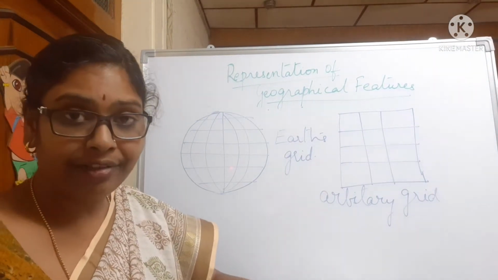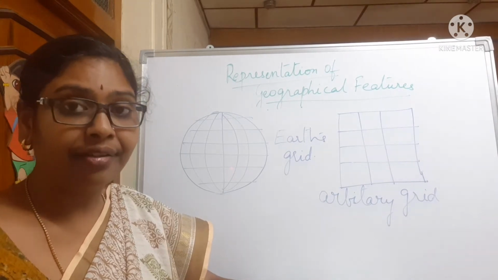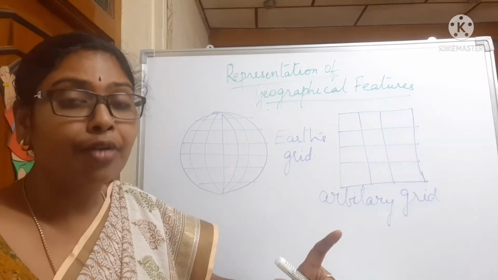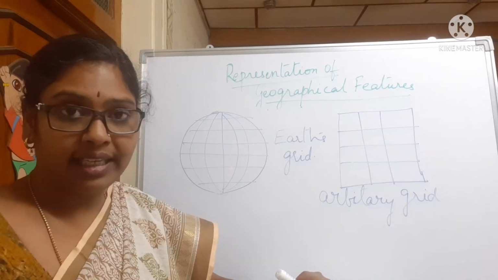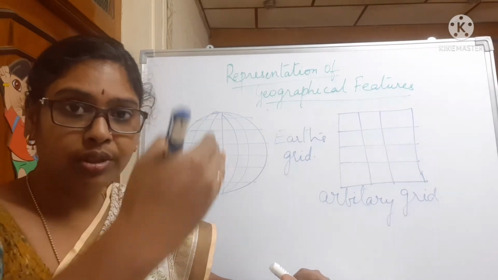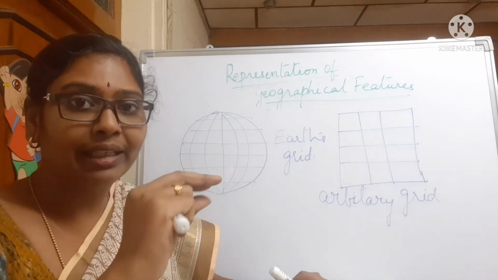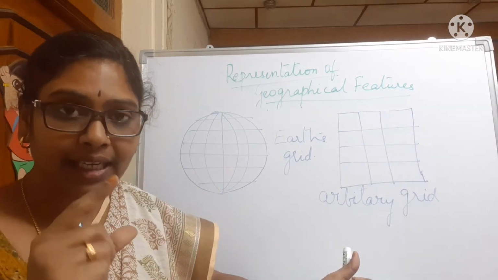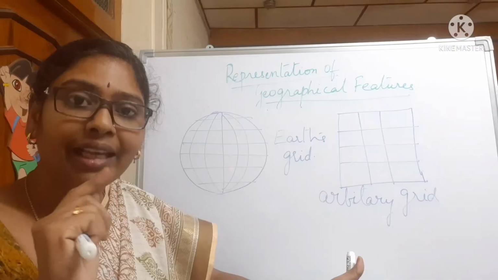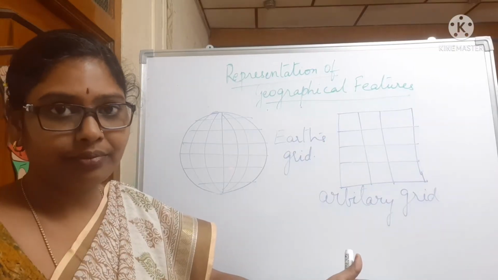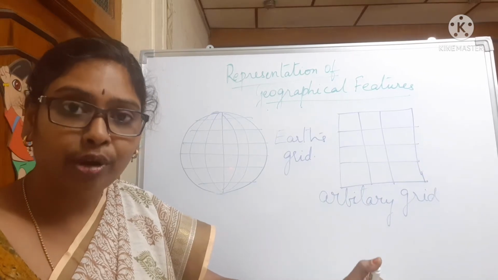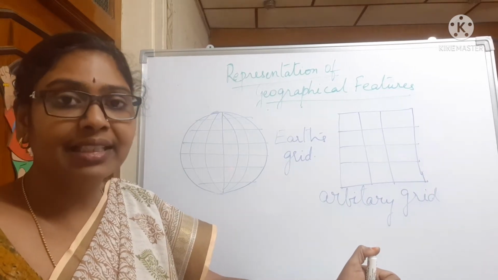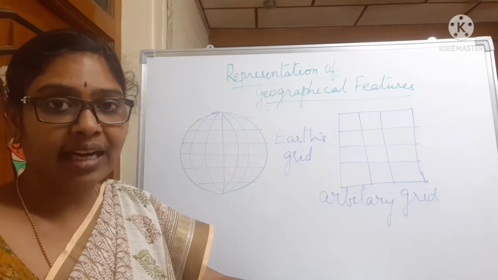On a topographical map, we have colors given for easy representation. Previous days when you were small, when you saw a map, you saw blue color, green color, yellow. Blue color is given for water, right? Just like that, even on a topographical map, colors are given for easy representation.